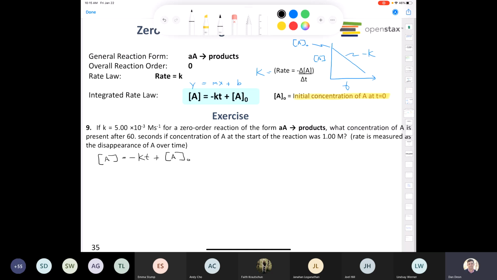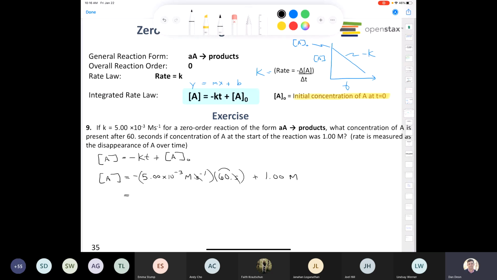What are we solving for? All we're doing is solving for the concentration of A after the 60 seconds. So the concentration of A is going to be equal to negative the rate constant times time, which is 60 seconds, plus the initial concentration, which is 1.00 molar. You notice that seconds and seconds cancel.